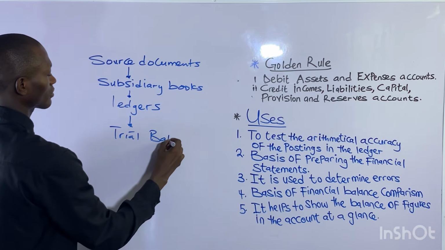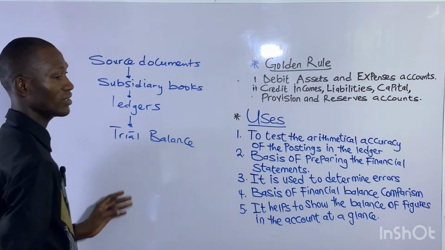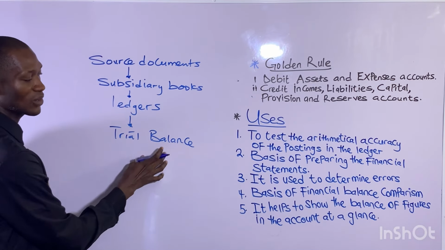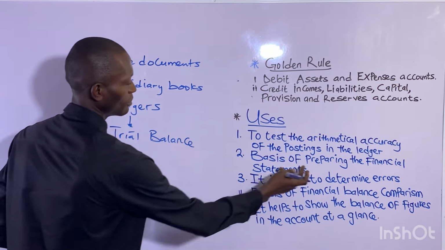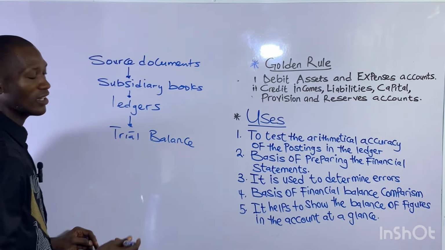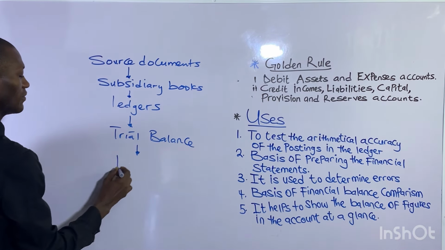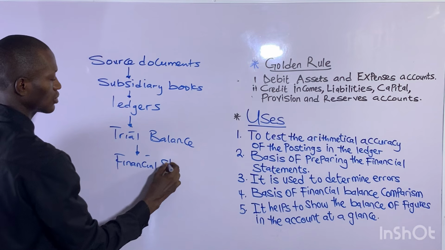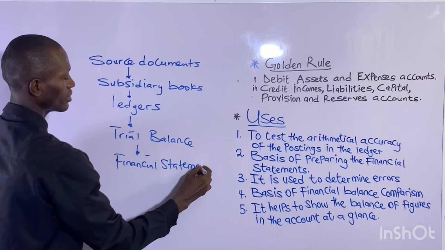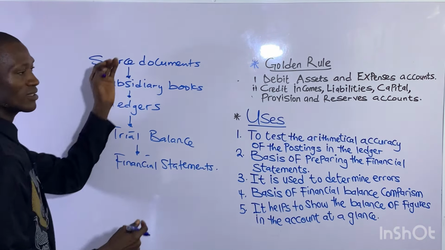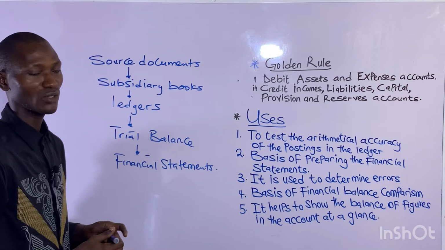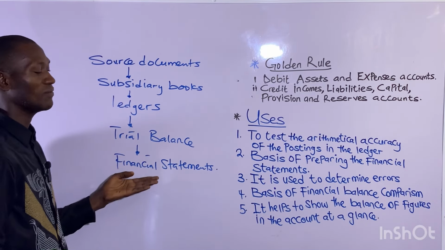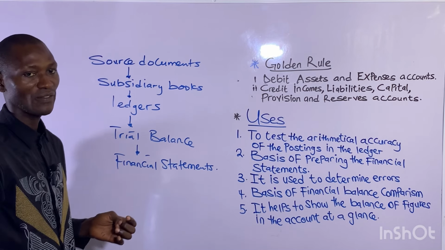Then after you've extracted your trial balance, that trial balance will now be used to prepare the financial statement, which is the annual report of a business organization. So this is the vehicular chain of business transactions, from how business transactions originate to how they will eventually be used to prepare the financial statement.